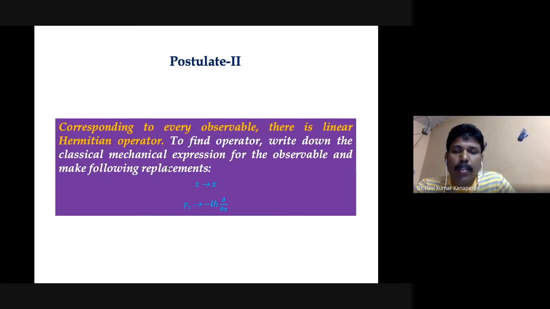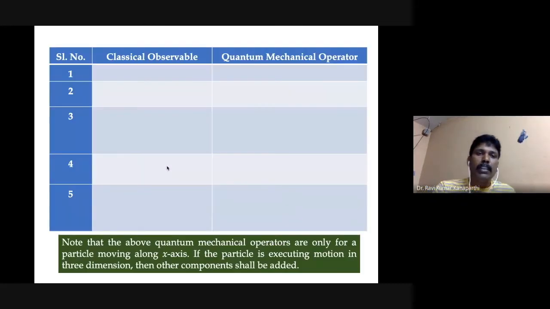Now I will illustrate this for a couple of classical observables and their quantum mechanical operators. The first is position, x. If a particle is moving in the x direction, its position keeps changing, and the variable that tells us the position is changing is x.